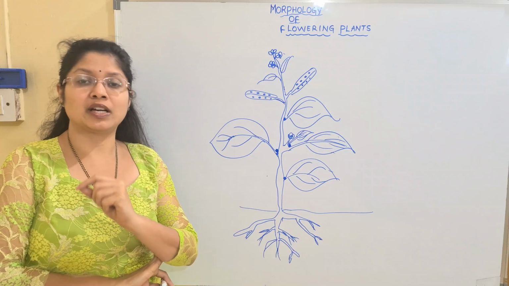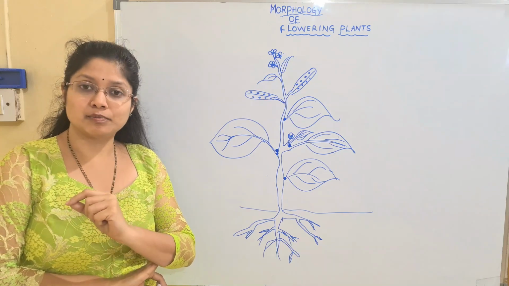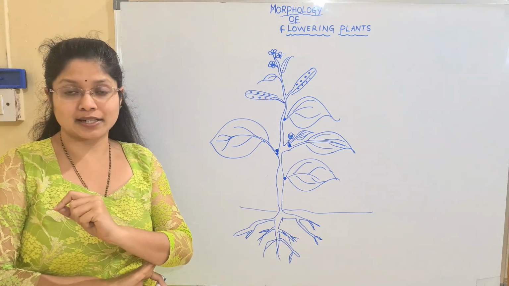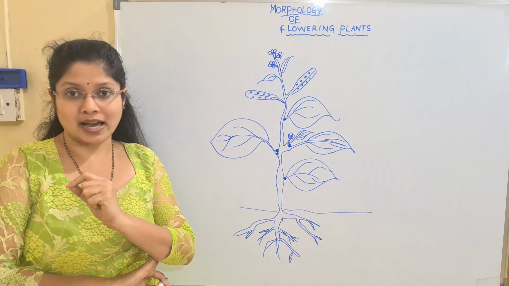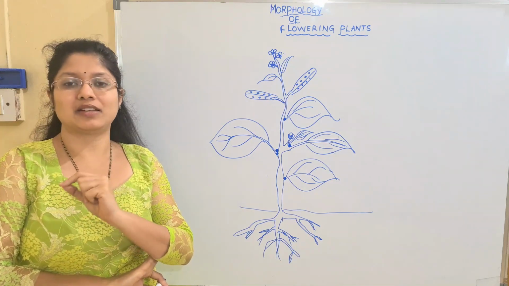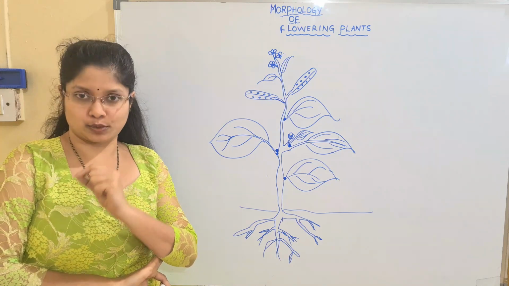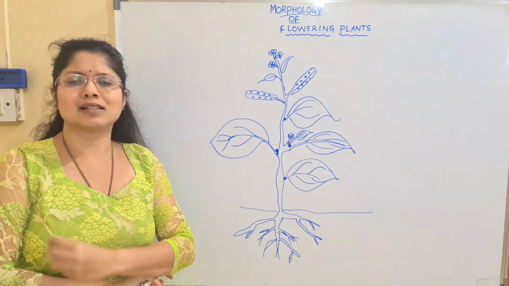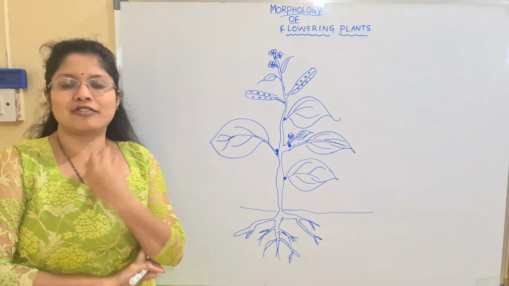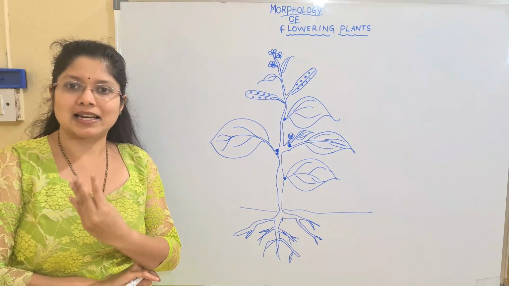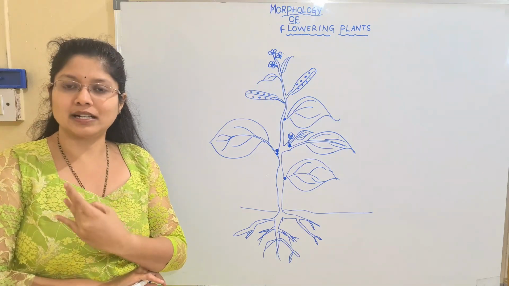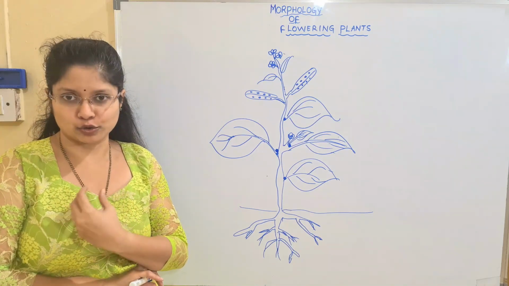Next to the algae we have bryophytes. After bryophytes we have pteridophytes. Later we have gymnosperms, and finally we have the angiosperms. You might have studied this in your plant kingdom. There are 5 major groups of plants: algae, bryophyta, pteridophyta, gymnosperms and angiosperms.